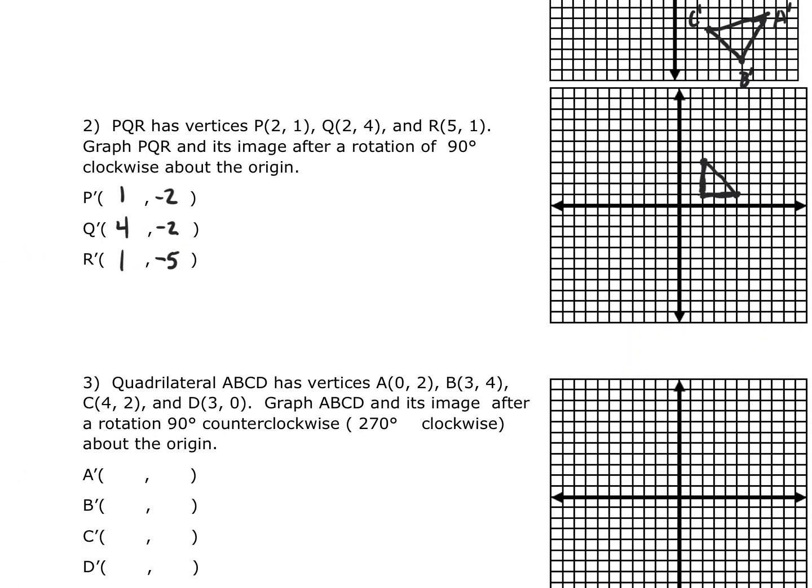So 1, negative 2, 4, negative 2, and 1, negative 5. Alright, so that is our triangle that is rotated 90 degrees clockwise around the origin.